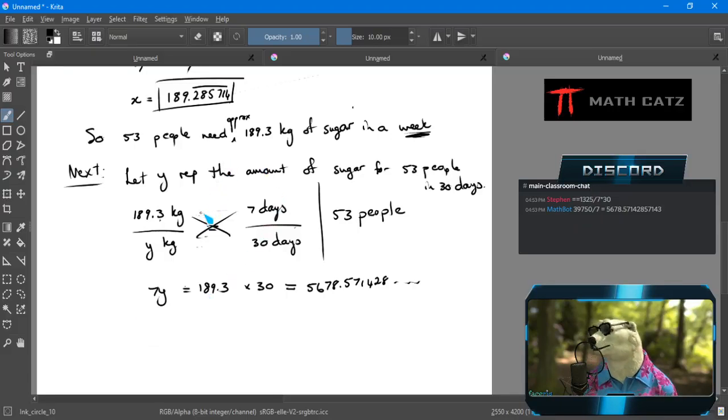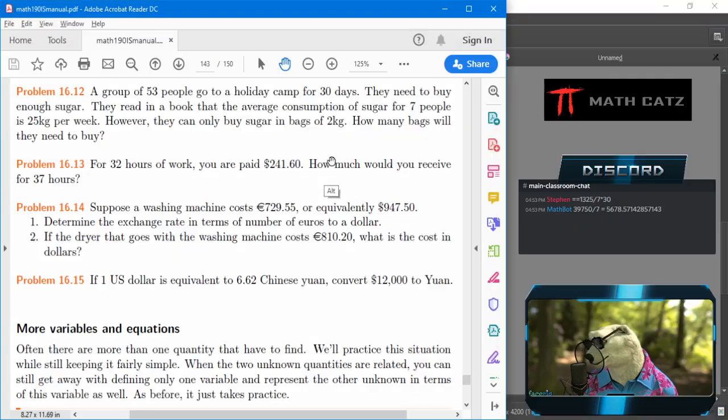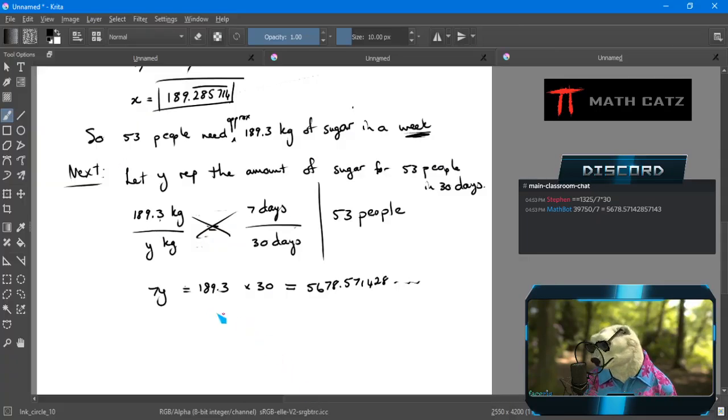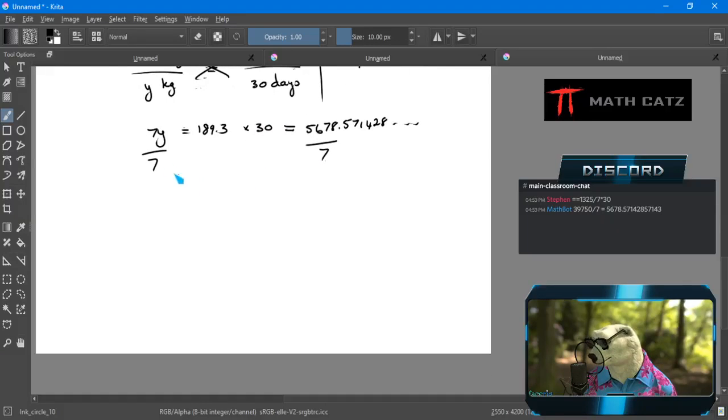And now I double check. Is that exactly what I'm looking for? Well, sort of. I know the 2 kilogram bags happen afterwards, but I'm close. So I have 53 people, I have 30 days, and this can't be done. I'm not done, right? Divided by 7. Whoa, I have to divide by 7. Now the double 7 is just a coincidence in the problem.